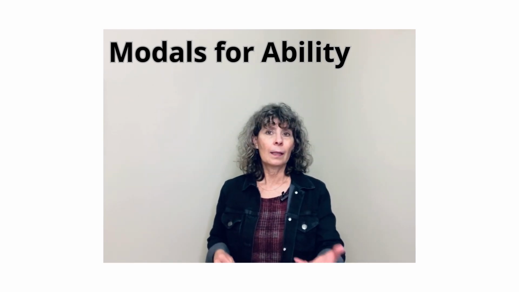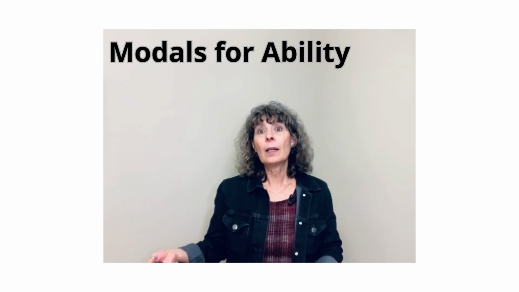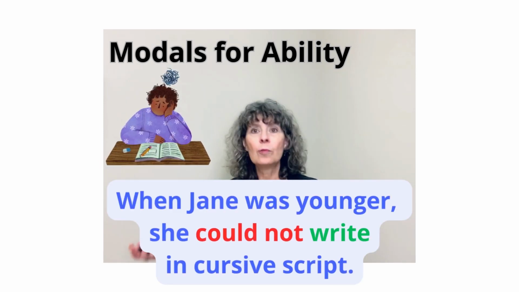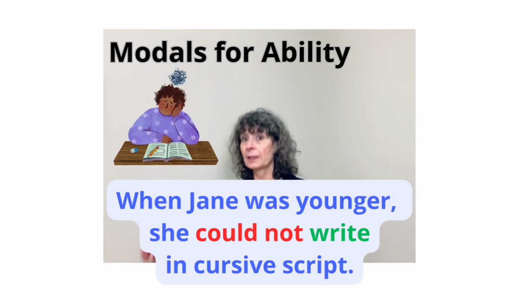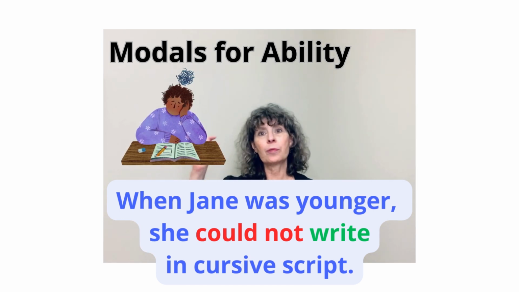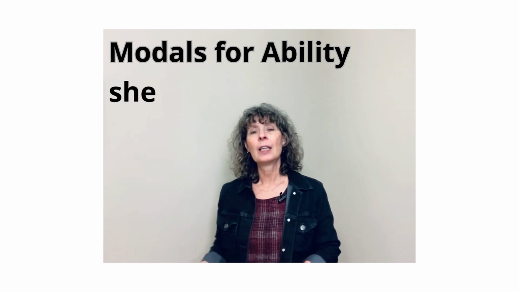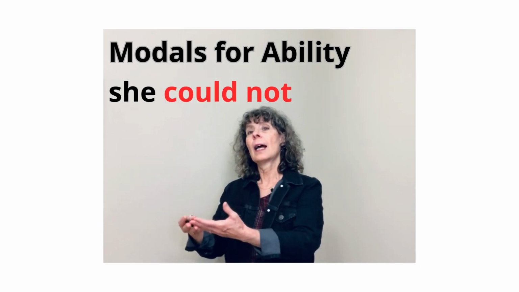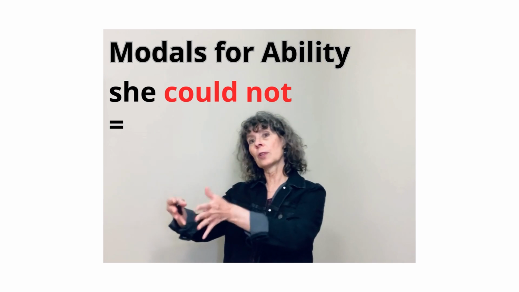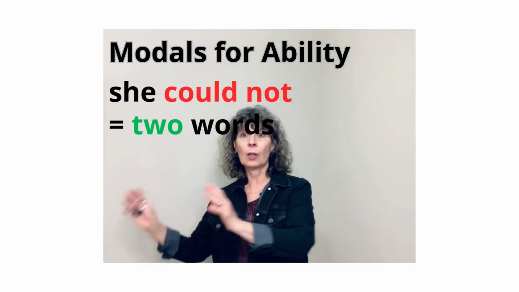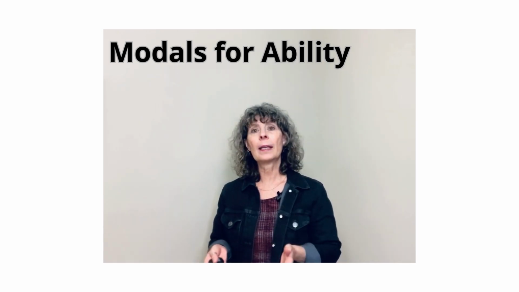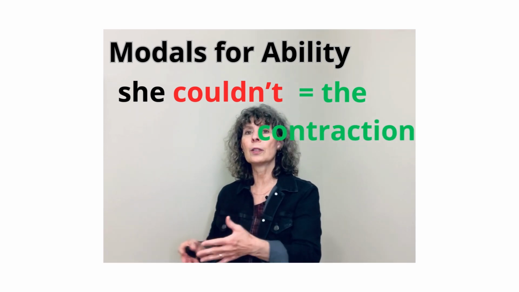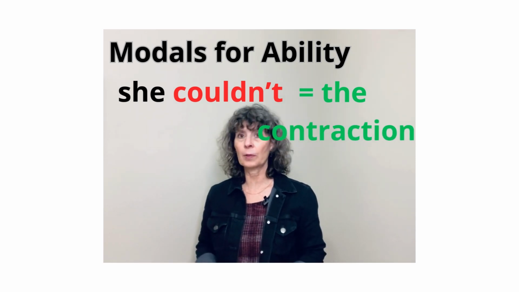But when Jane was younger, she could not write in cursive script. She only knew how to print her letters. She could not. And here you can see, as is more typical, you've got two words, could not. You can also make it a contraction, couldn't. She couldn't write in cursive script.